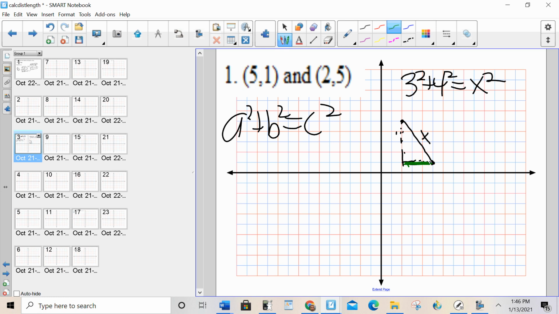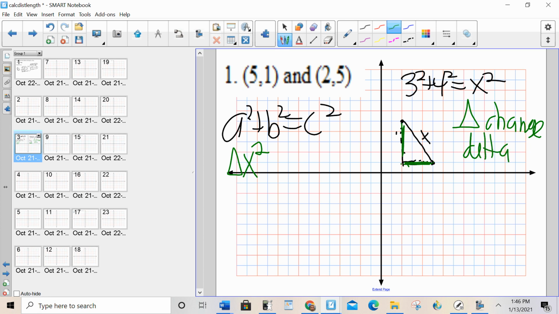This leg is going to be how many x boxes have changed from there. So I'm going to rewrite a as the change in x. This little triangle, that's a Greek letter. It's called delta, and it represents the change.